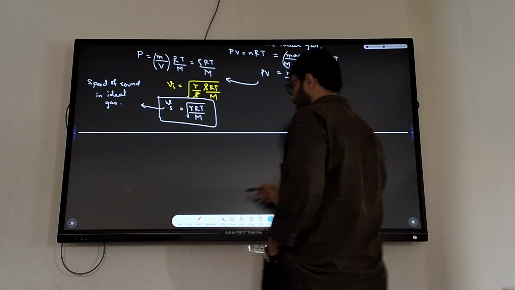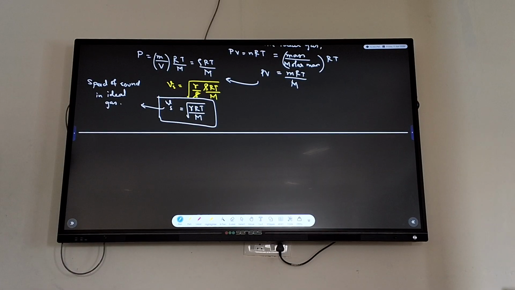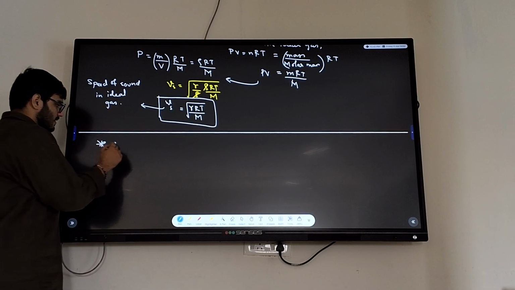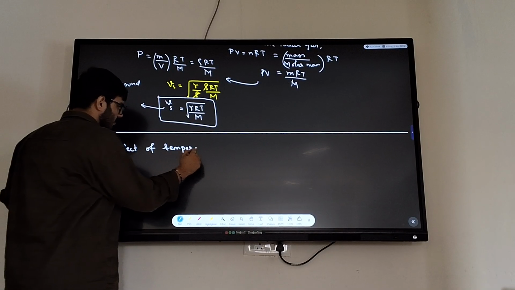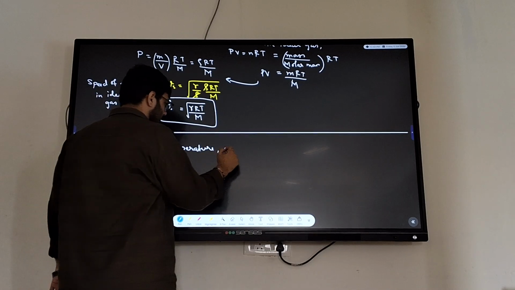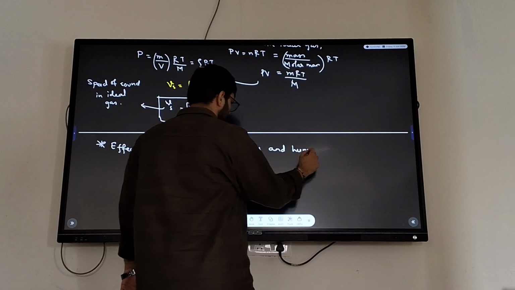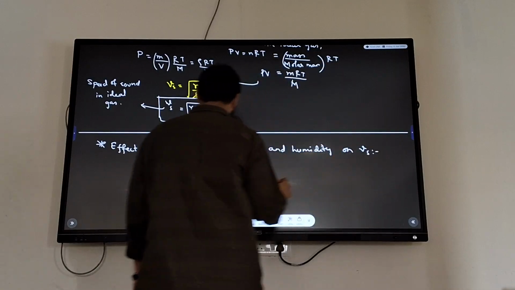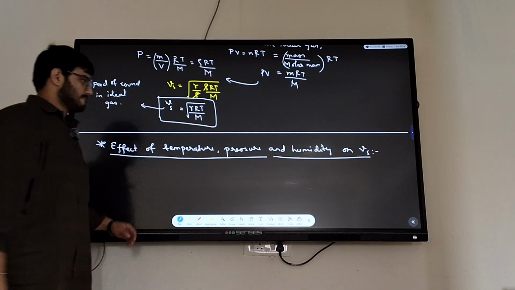Yes. So we have discussed all the velocities that I told you earlier, and let's try to see what is the effect of different things on the velocity of sound. So the effect of temperature, pressure and humidity on Vs. Okay.